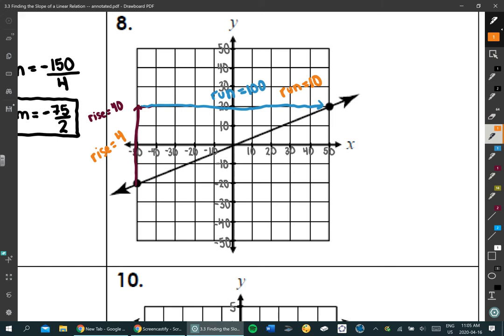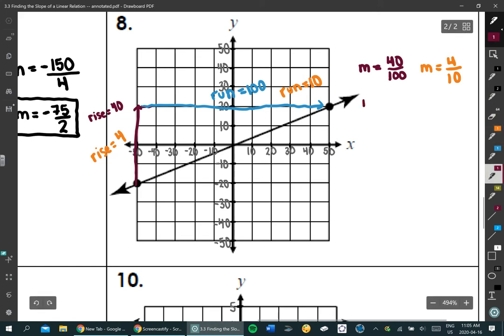So let's just make sure that we get the same answer. Remember, M is rise over run, so 40 over 100. Does that give us the same answer as 4 over 10? Yes, it does. They both reduce, because this one can be simplified to 4 over 10 and then further simplified to 2 over 5.